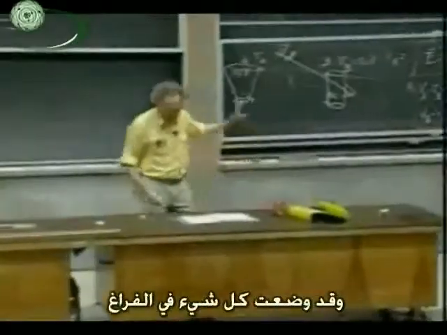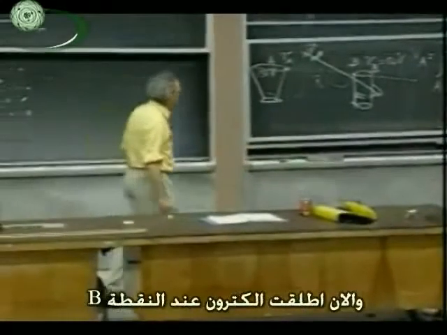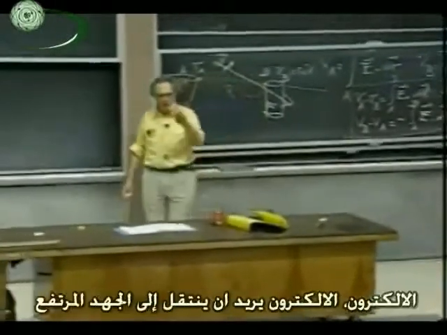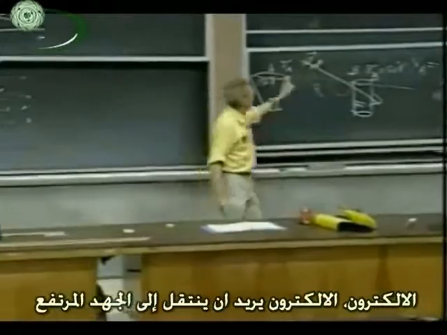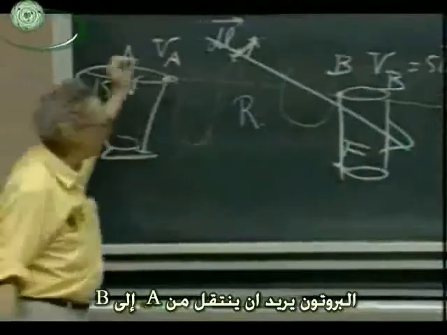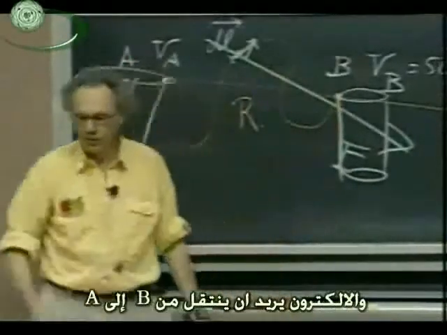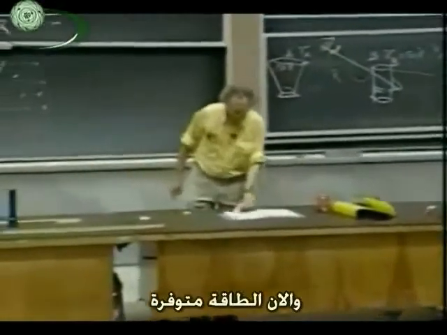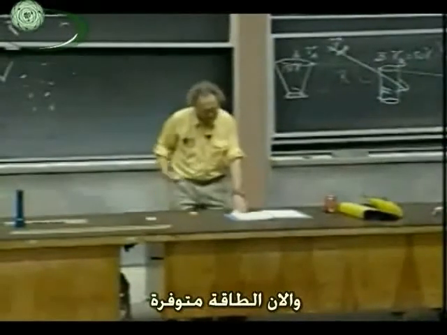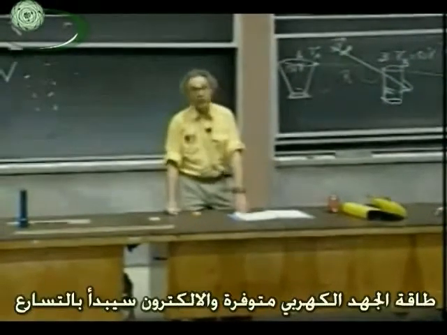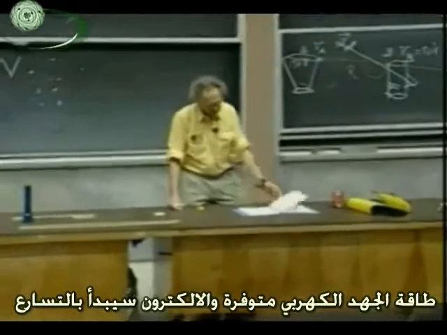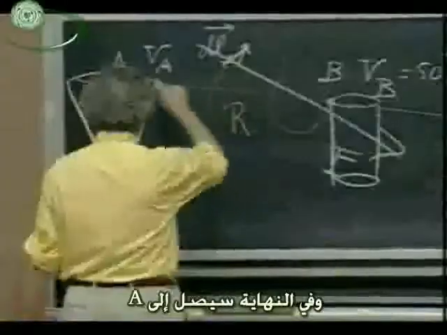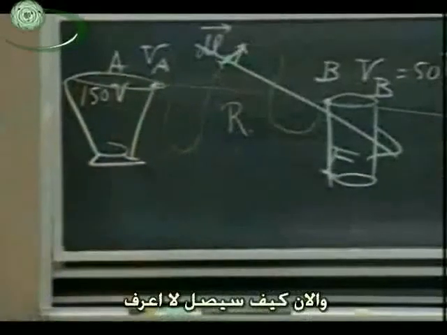I place the whole thing in vacuum, and now I release an electron at point B. An electron wants to go to higher potential. A proton would go from A to B, an electron wants to go from B to A. And so now the electric potential energy is available, and the electron will start to pick up speed and finally end up at A. Now, how it will travel, I don't know.